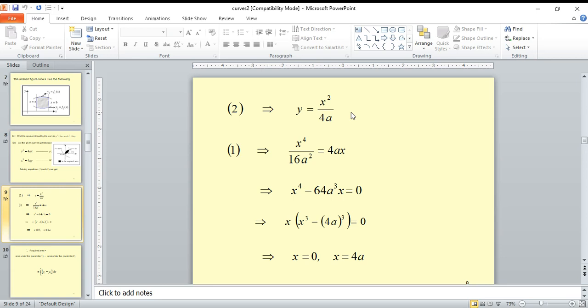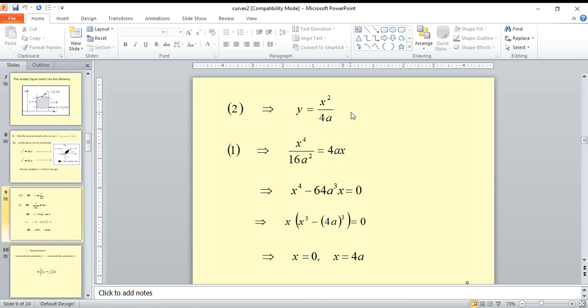In equation 1, in place of y put x square by 4a. X square by 4a whole square equal to x power 4 by 4 square a square. 4 square is 16, so x power 4 by 16 a square is equal to 4ax. Take to the right side: x power 4 equal to 64 a cube x.